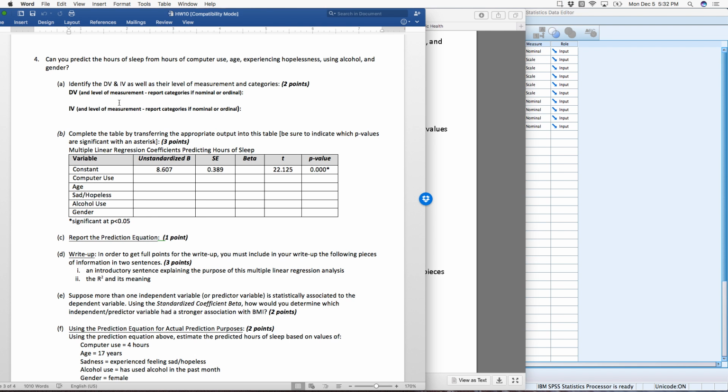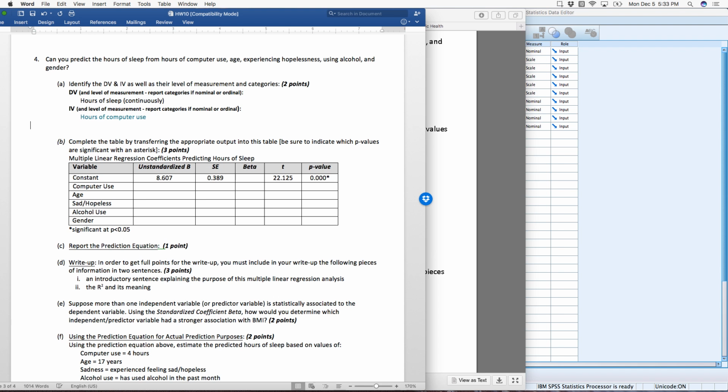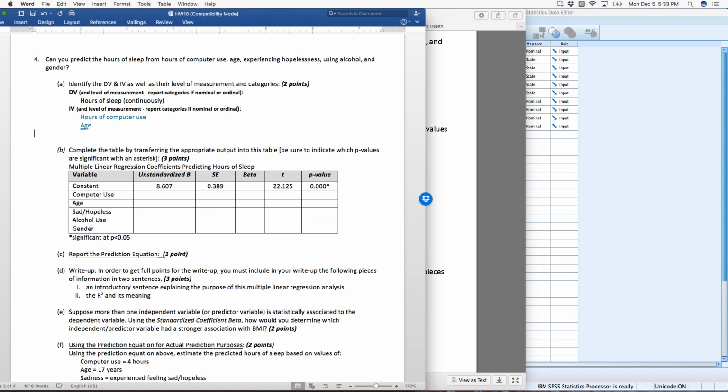So what is our DV? Hours of sleep. And it's measured continuously. And then what are our IVs? Hours of computer use is one.